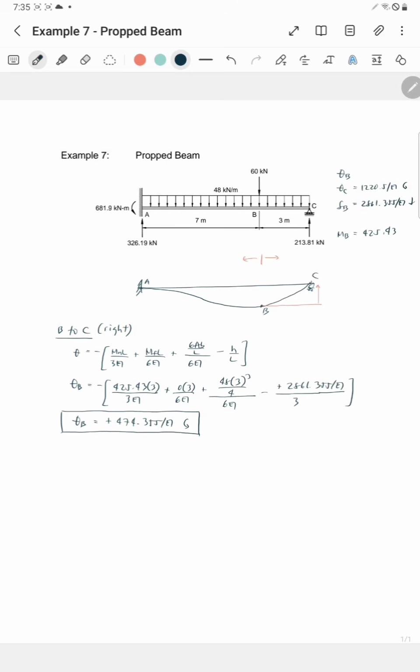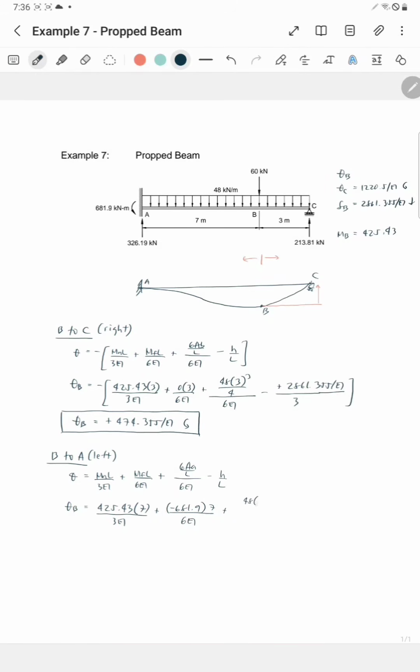To check, let's try B to A. So the direction is left. So the applicable formula is for theta left, and theta is theta B. The moment near is the moment at B, 425.43. The length is the distance from B to A, 7 over 3 EI, plus moment far is the moment at A, downward, negative 681.9. The length is 7 over 6 EI, plus the load from B to A is uniformly distributed load, and the formula for 6A over L is WL cube over 4.